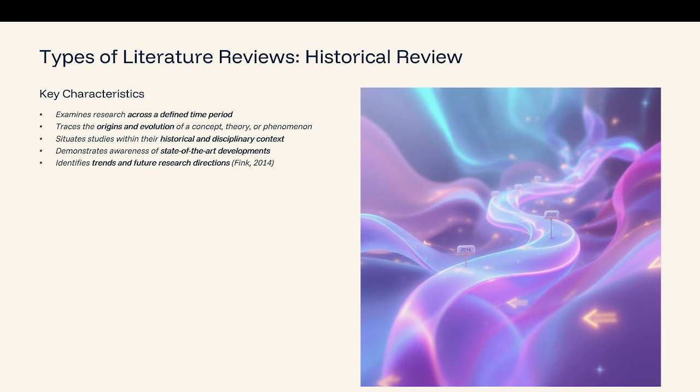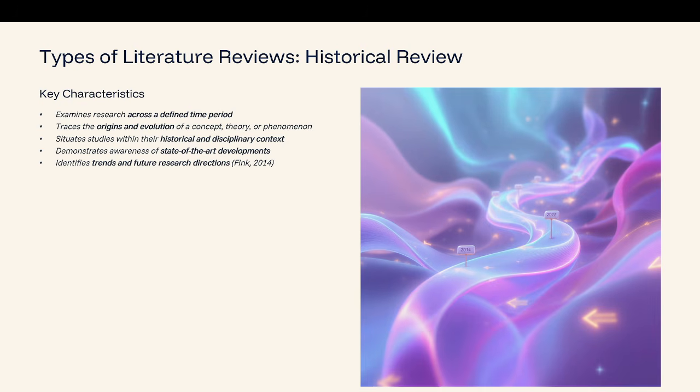The third type of literature review we have here is historical review. As you can see, the key characteristic of the historical review is that research does not rest in isolation from historical precedent.